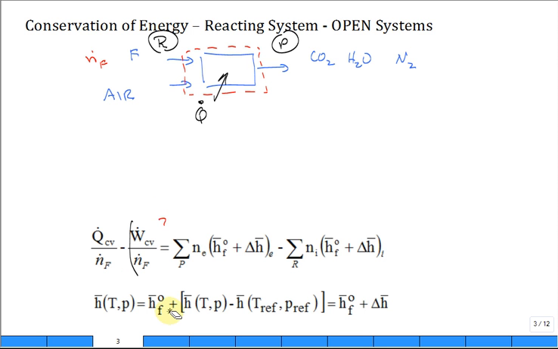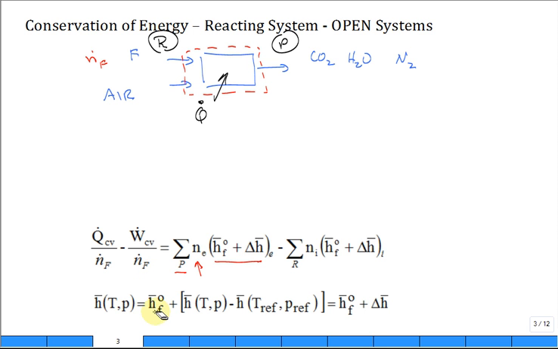All right. Then what do we have? We have the sum over all the products, the coefficient in the balanced chemical reaction equation, times that enthalpy. That enthalpy is a function of primarily temperature and only temperature if it's an ideal gas. But if it's a non-ideal gas, then it could be a function of temperature and pressure. But often, again, H is a function of T only for an ideal gas.